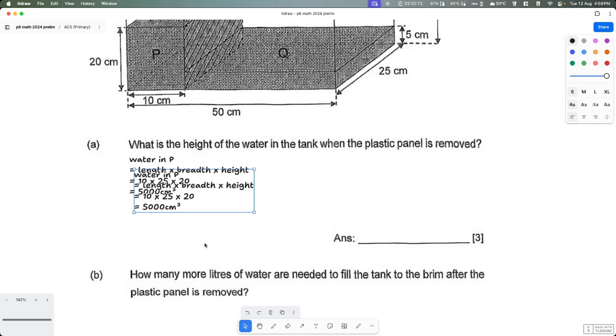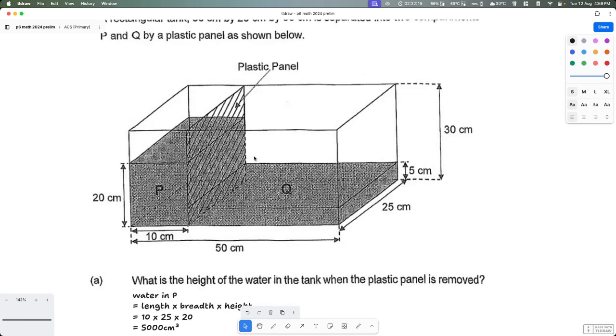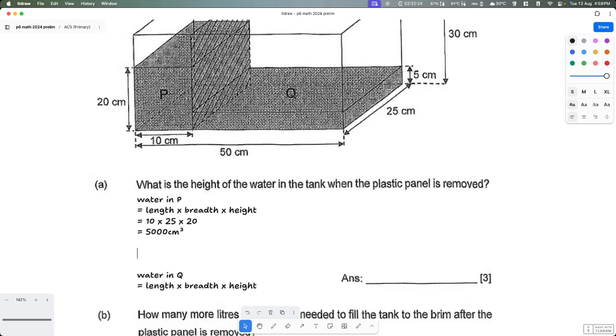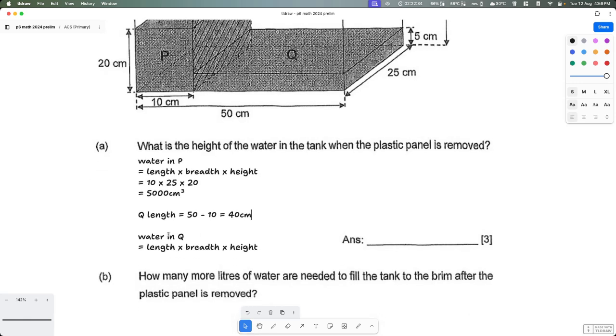Next one is water in Q. The length of Q is equal to 50 minus 10, equal to 40 centimeters. So water in Q is length times breadth times height.